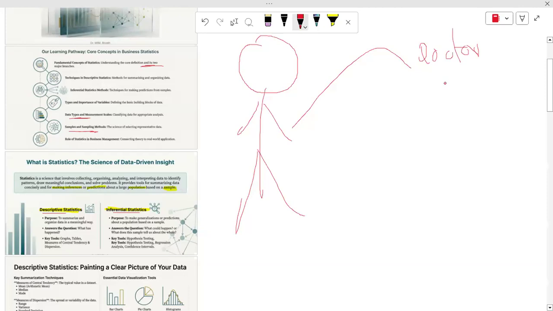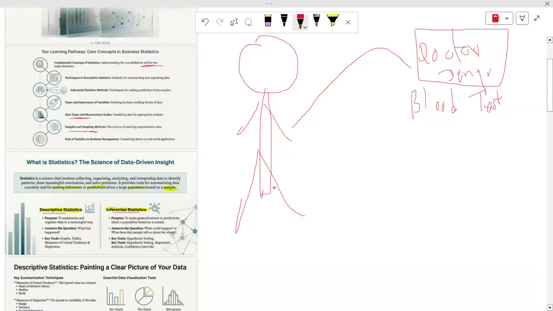The doctor suspects you may have dengue. Then the doctor will advise you to take a blood test.